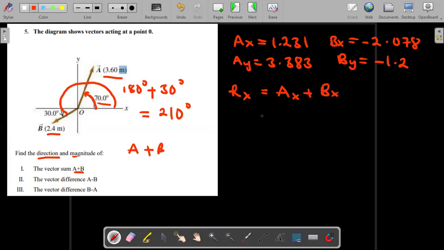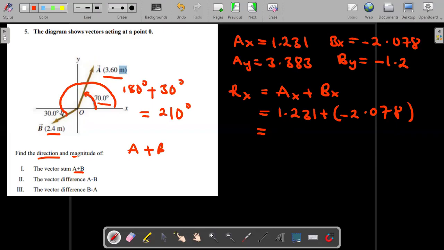So now when I add these two, what am I getting? I have 1.231, then plus a negative 2.078. So this is what I have there. When a positive multiplies with a negative, it is just going to be negative, and I'll be subtracting.